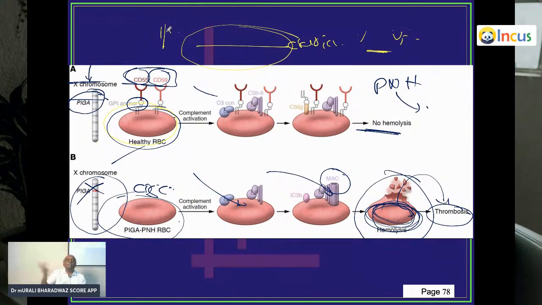That's the reason its levels increase. That substance is supposed to convert into methionine because of the methyl radical donated by vitamin B12.